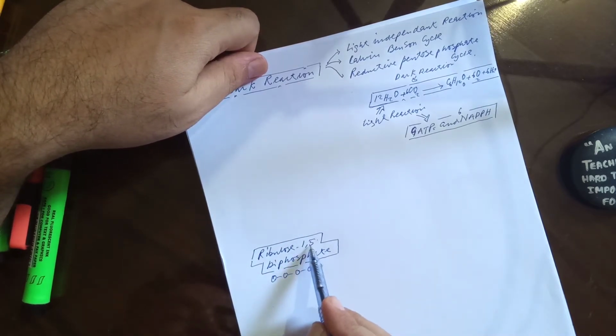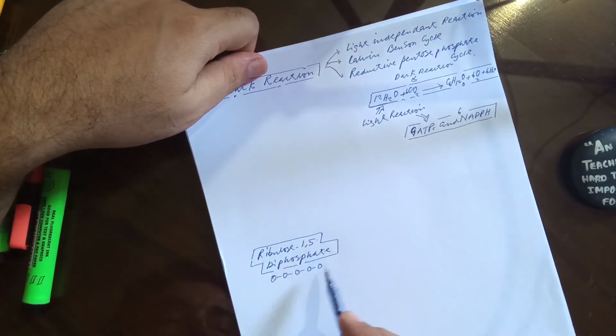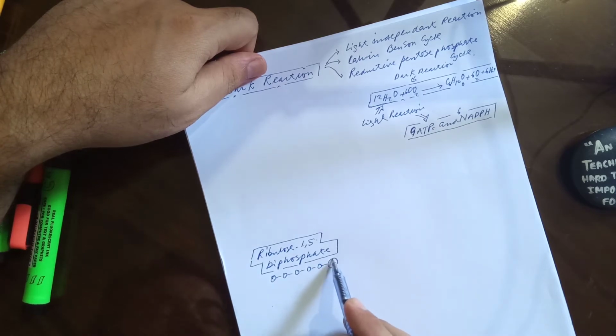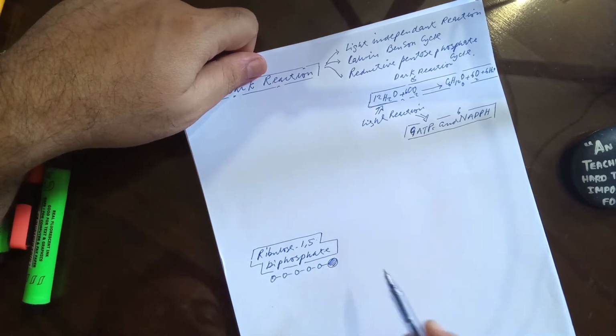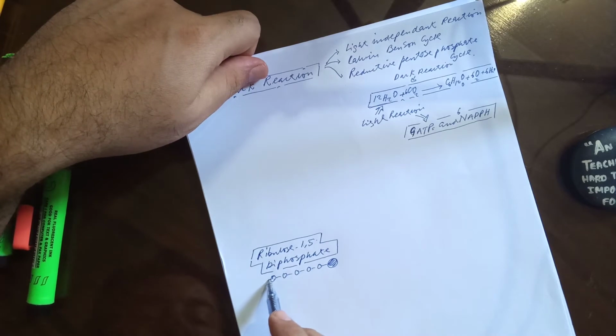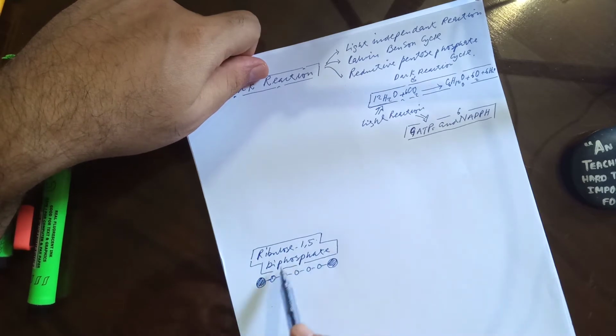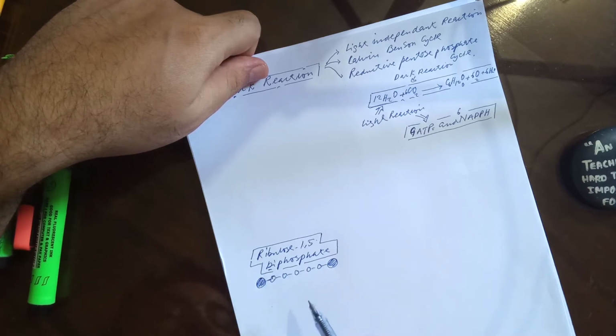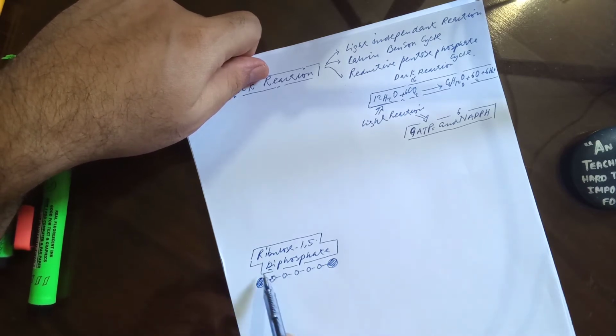When I'm saying 1,5 biphosphate, that means on the 5th carbon we have a phosphate group, and on the 1st carbon we have another phosphate group. So we have 1 on the 1st, 5 on the 5th. What's bi? It's 2 phosphates.